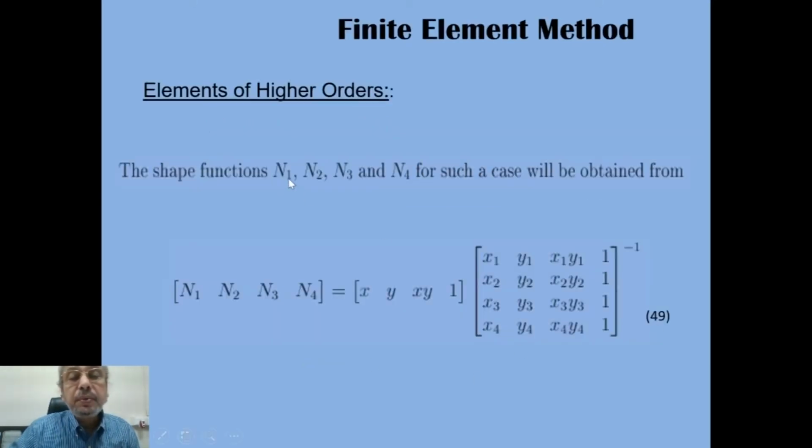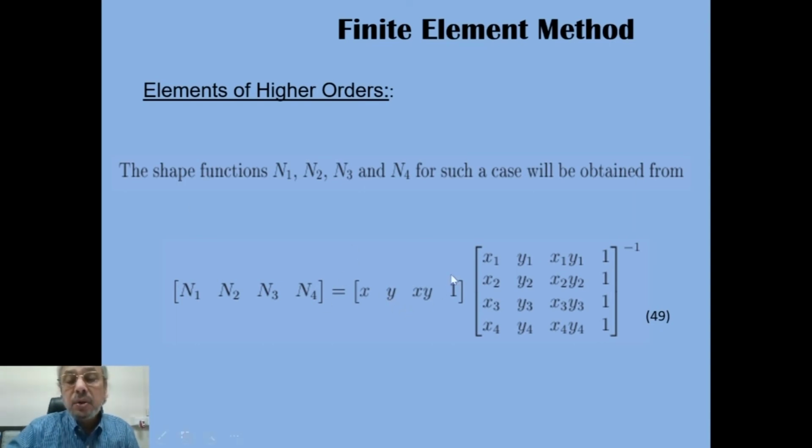So the shape functions N1, N2, N3, N4 for such a case will be obtained from, basically, if you recall, we obtain shape functions for triangular element as multiplication of x y 1, one row matrix, multiplied by inverse of xi yi 1, xj yj 1, xk yk 1, inverse of that matrix.